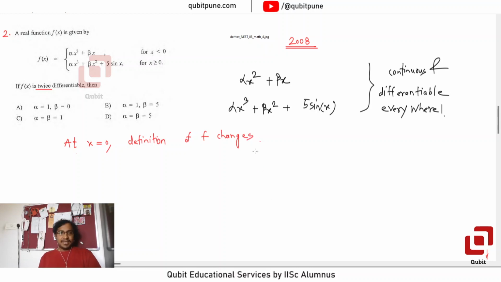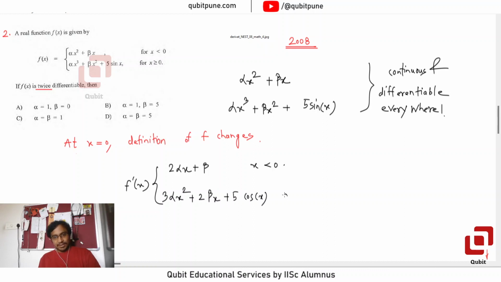They are saying that it is twice differentiable, so let us go for f dash of x now. Alpha x squared plus beta x, so that would be 2 alpha x plus beta for x less than 0, and 3 alpha x squared plus 2 beta x plus 5 cos x for x greater than or equal to 0.